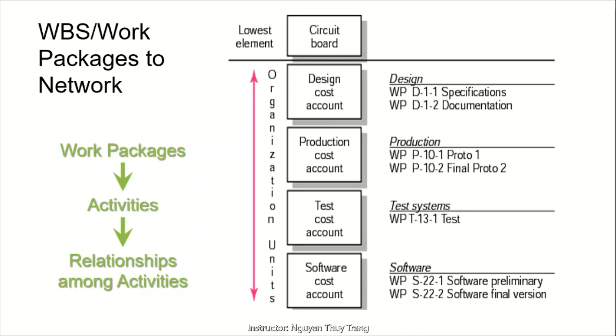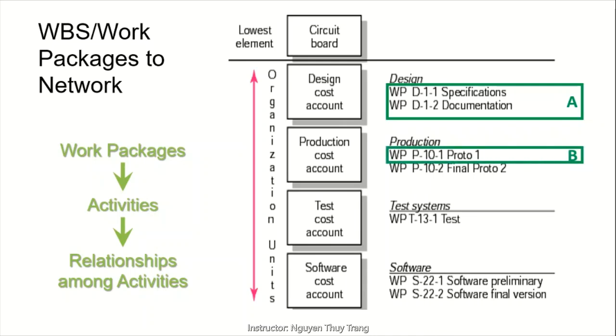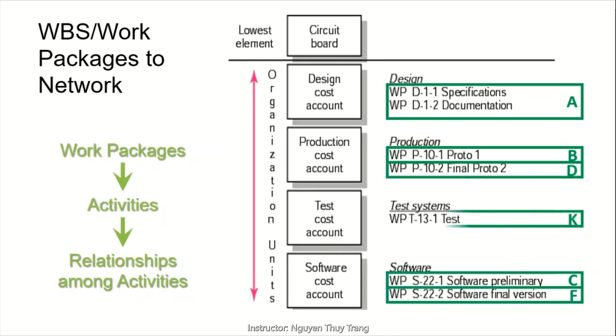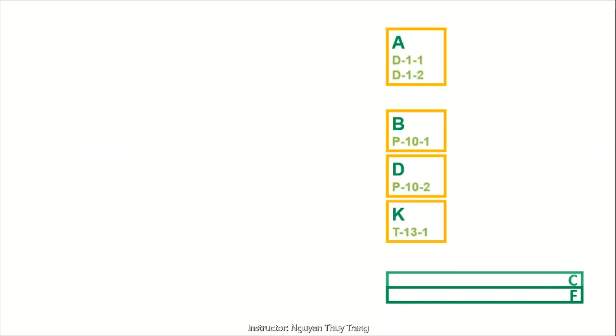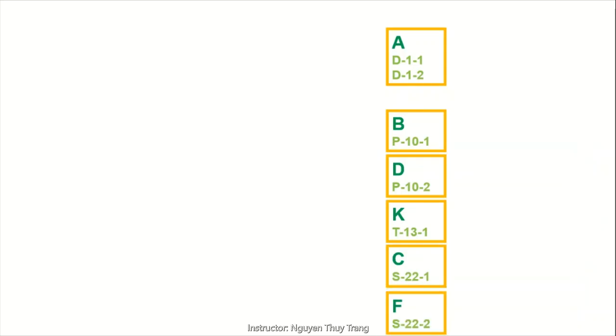From this WBS, we are building activities. Activity A uses work packages D11 and D12, while activity B uses only work package P101, and so forth with activities C, D, F, and K. From that, a network of the project is built using nodes and arrows or lines.